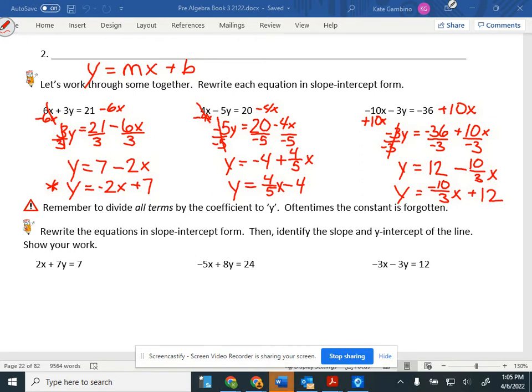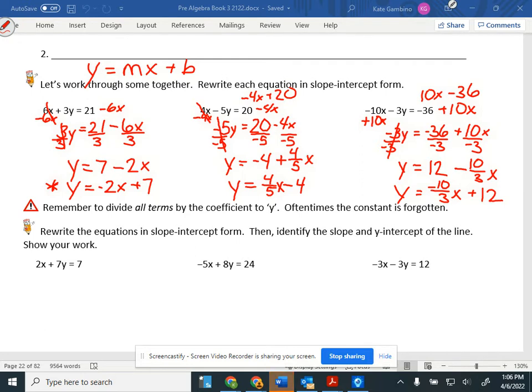Now, the way that Mr. Schultz did it, in my brain, it just works really well to put it at the end. Mr. Schultz puts it before. So he would have done 10x minus 36. So he did negative 4x plus 20.